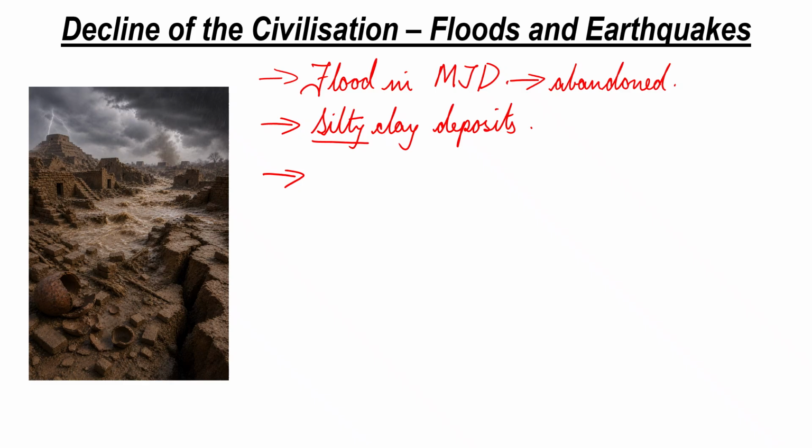People rebuilt settlements on debris, meaning there were ruins and people rebuilt them. So there was evidence of rebuilding, but ultimately they left. Why did they leave? That is the greatest mystery.